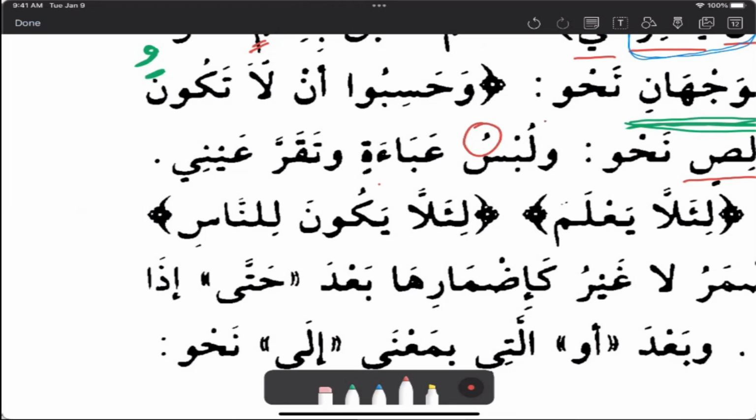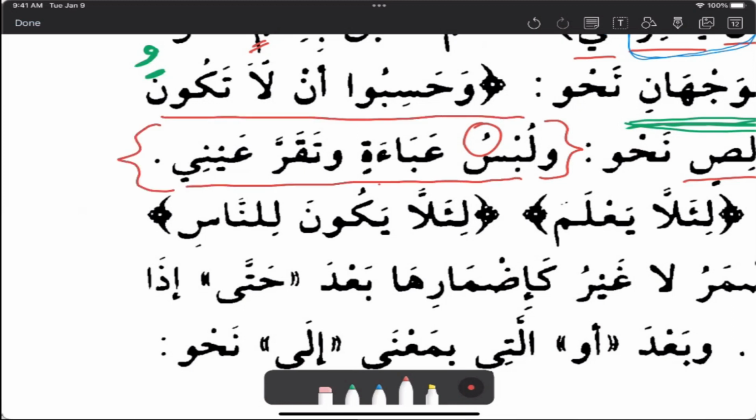So that's not a very clear statement to say it that way, because it's not a complete sentence. وَلُبْسُ عَبَاءَةٍ وَتَقَرَّ عَيْنِي. The point here is that it means وَأَن تَقَرَّ عَيْنِي. And the wearing of an abaya, we say abaya, you can say it like that, and that my eye is pleased.